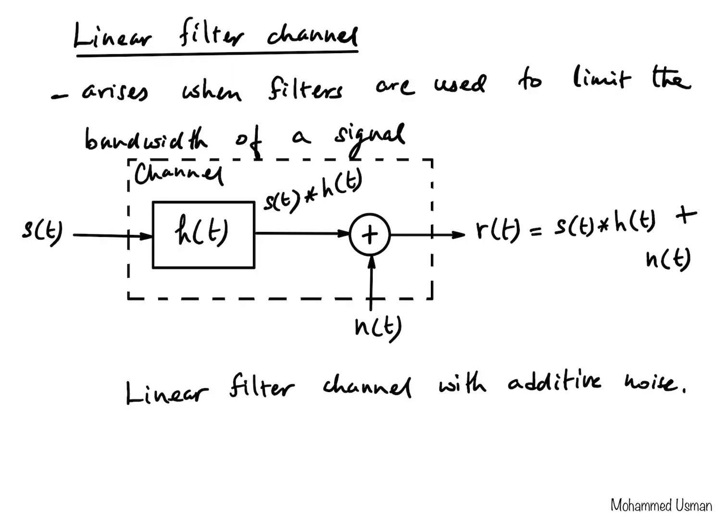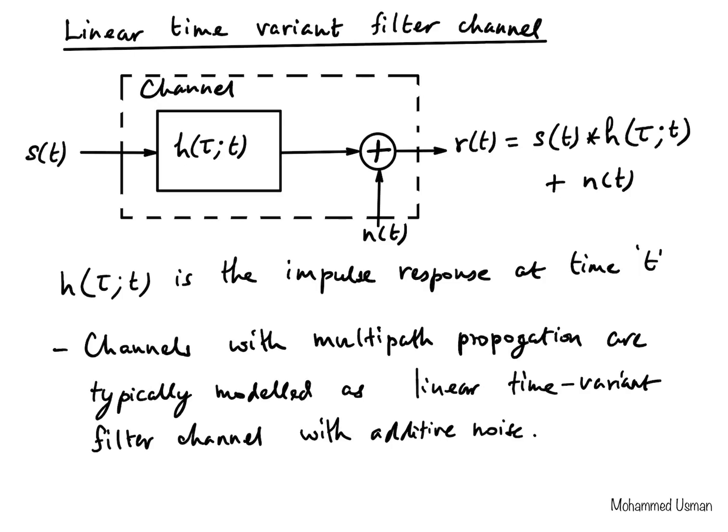Next, we discussed the linear filter channel, where the effect of filtering is also incorporated into the mathematical model of the channel. That way, the linear filter used at the transmitter side for limiting the bandwidth of a signal is also considered a channel effect. So the linear filtering is given as the convolution of the transmitted signal with the impulse response of the linear filter, to which the noise gets added. So we have the linear filter model for the channel with additive noise.